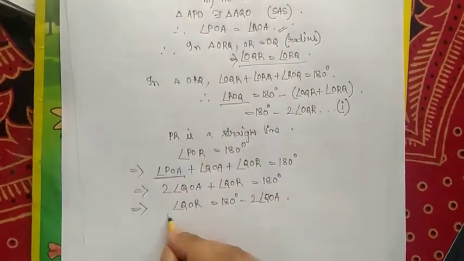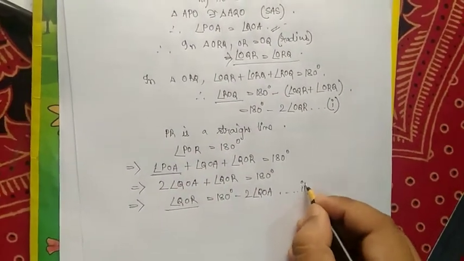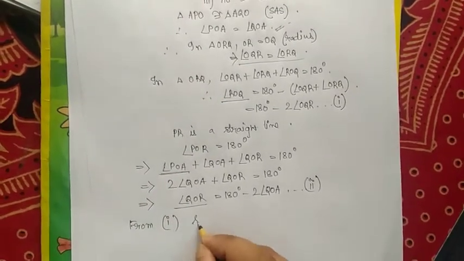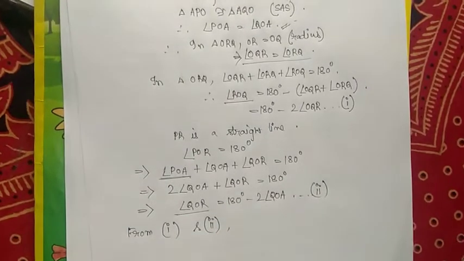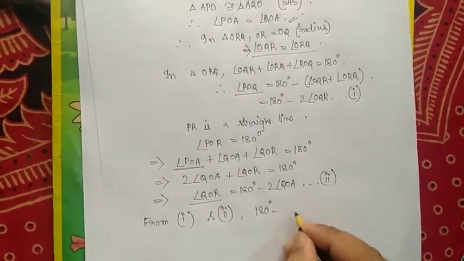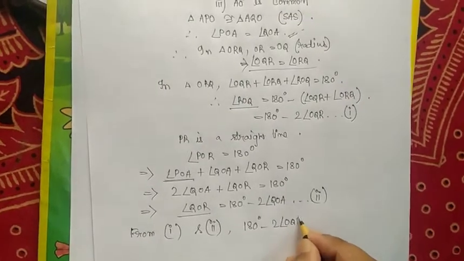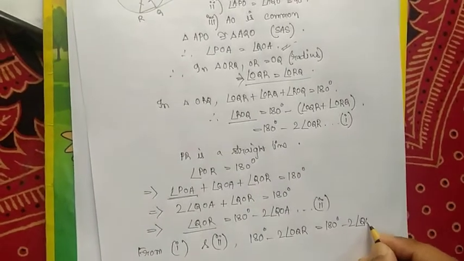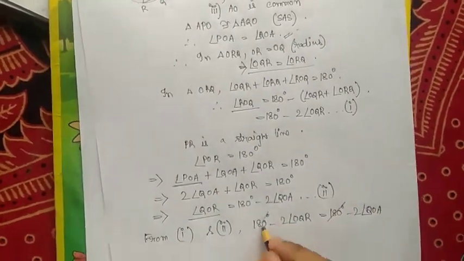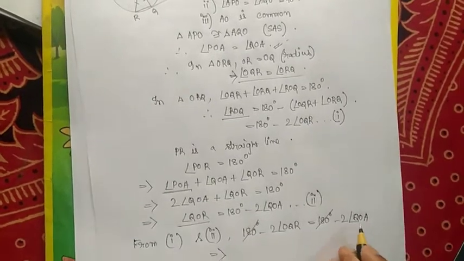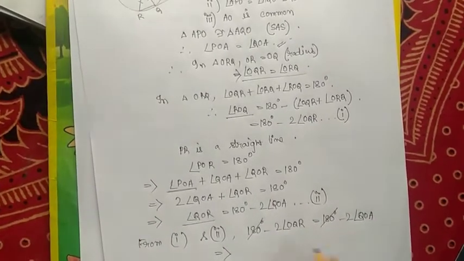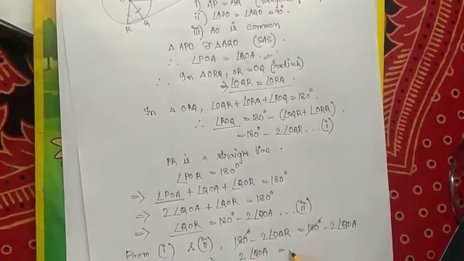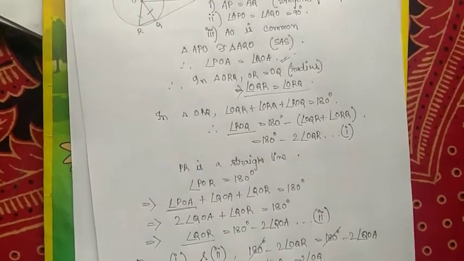Now ROQ and QOR both are equal, so therefore from 1 and 2 we can say that 180 degree minus 2 angle OQR equal to 180 degree minus 2 angle QOA. Eliminating the 180 degrees and moving terms, 2 angle QOA becomes positive and this is 2 angle OQR.